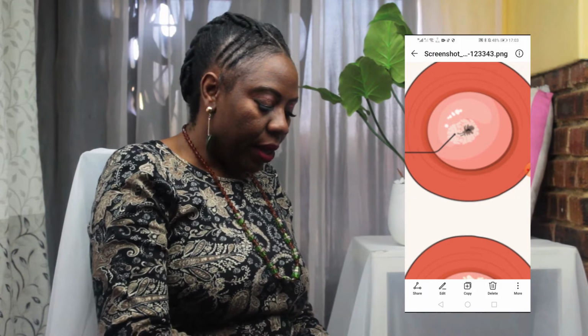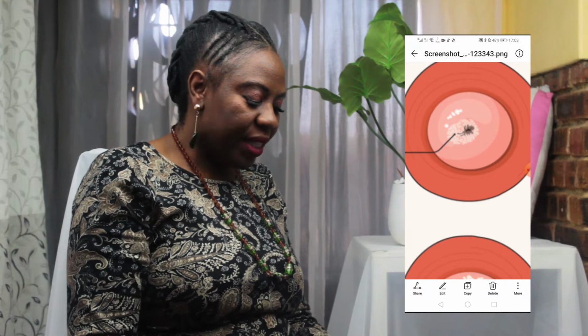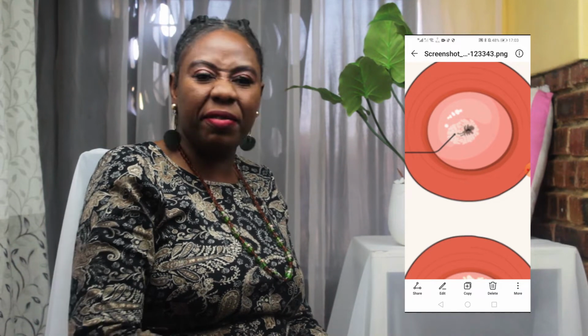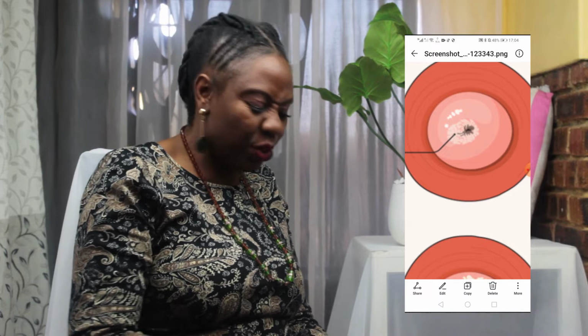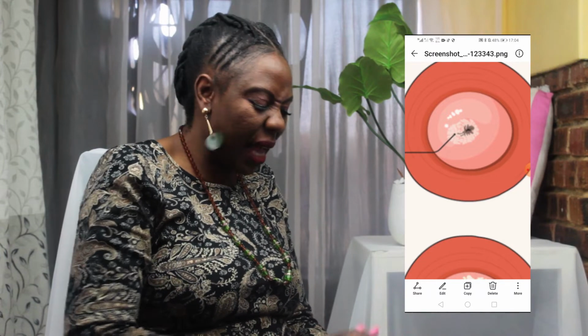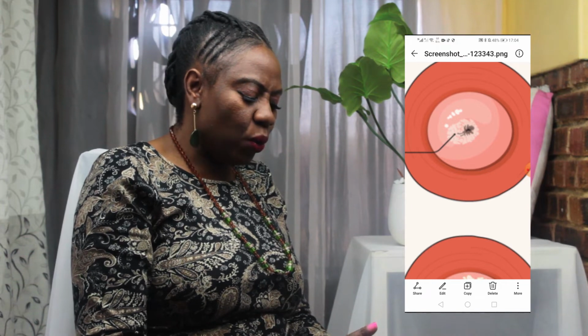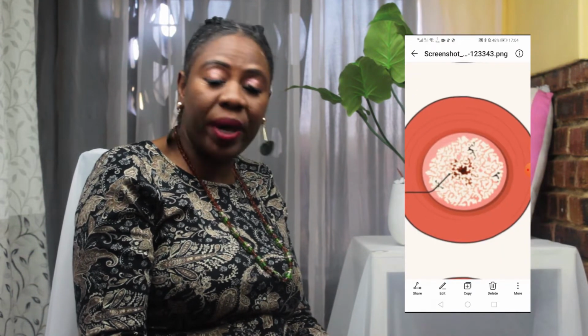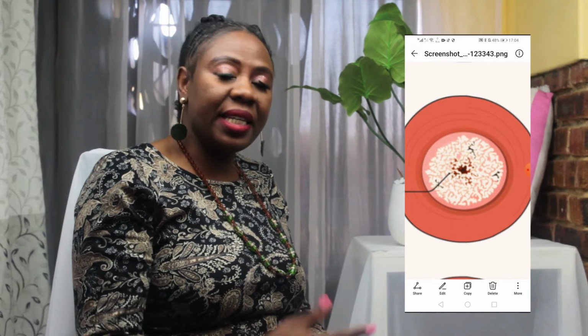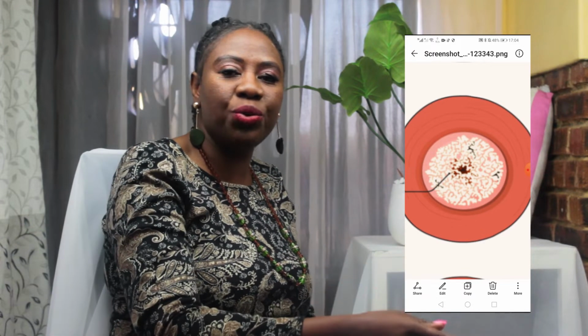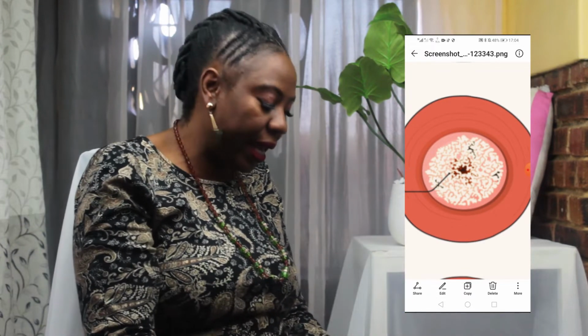Then this other one, you see that the pre-cancer lesions have invaded a wider range. It's more than 75%. Now it's 100%. At this stage, we don't know whether it has invaded the inner part, even the uterus or other areas.